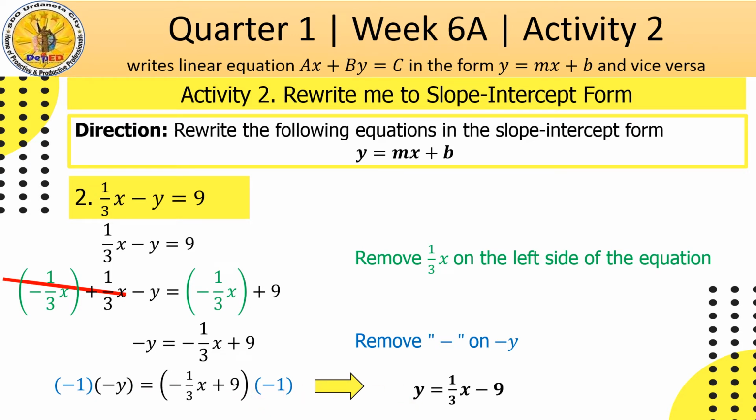Next, we're going to distribute negative. So, negative 1 times negative 1/3 x is positive 1/3 x. Negative 1 times 9 is negative 9, since negative times positive is always negative. And this is the final answer. So that's how to answer your activity 2.